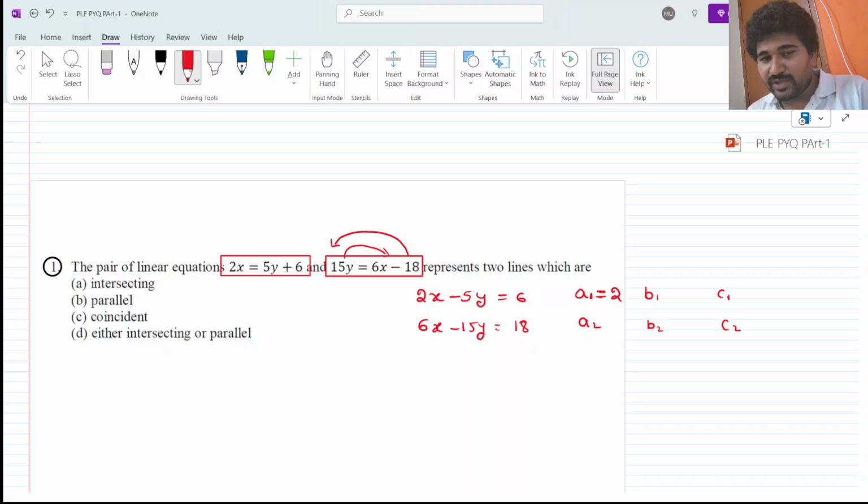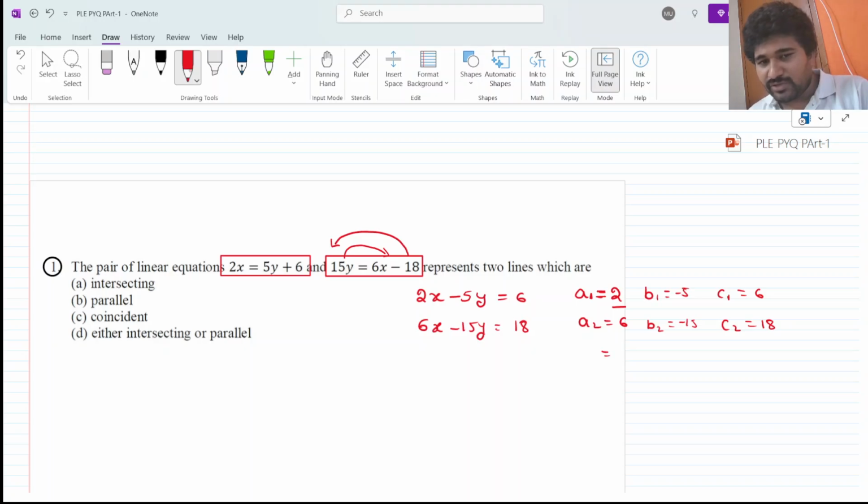It is 2. What is a2 value? 6. What is b1 value? Minus 5. What is b2 value? Minus 15. What is c1 value? 6. What is c2 value? 18.